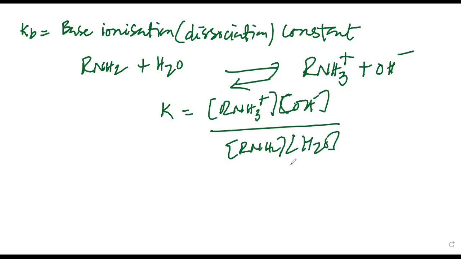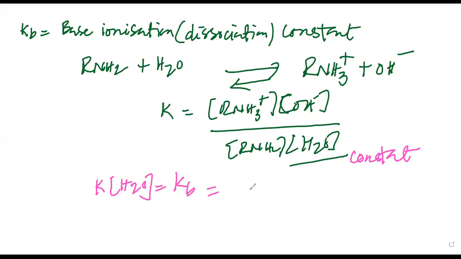But if we consider the concentration of water as a constant, so we write K into H2O, that is what we represent as Kb, and this Kb is equal to the concentration of RNH3 plus, sorry, I made a mistake.